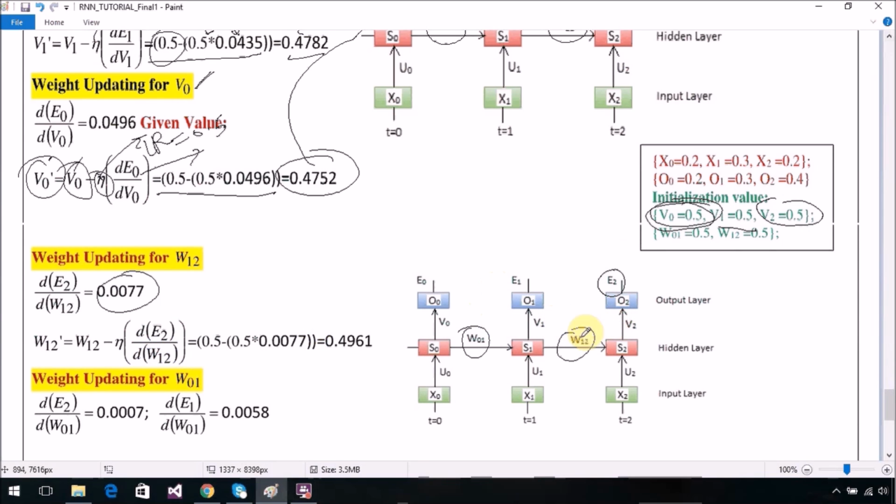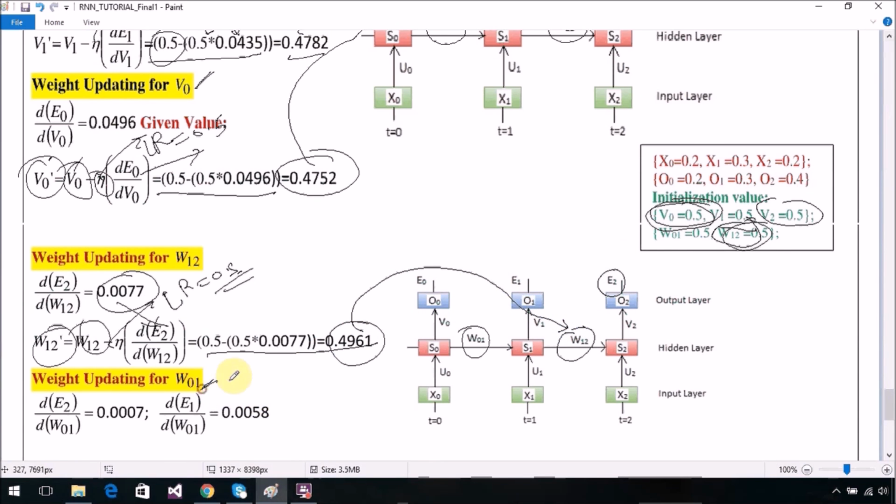The updated weight of W12: the old weight of W12 is 0.5, the learning rate is again 0.5. We have taken this, and we put it here, and after calculation we will get this value. So this will be the new value of W12.